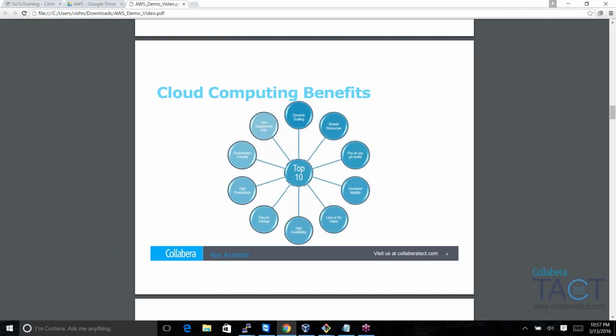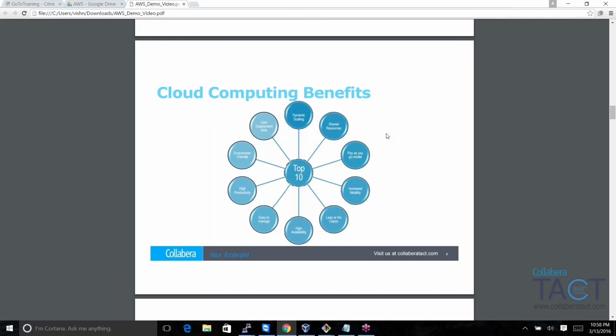I may need more servers. So with cloud, I can configure my applications in such a way that whenever there is a load coming into my website, my service will automatically grow in count. Instead of 10 servers, I'll configure it in such a way that I can get 100 servers within a fraction of minutes, so that my website will not go down.